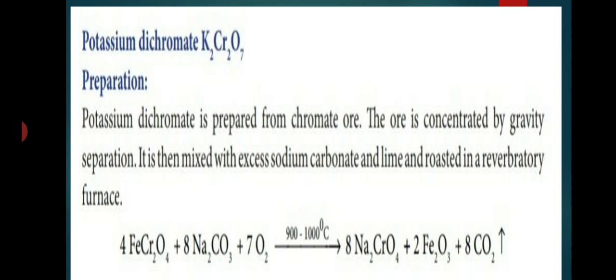The chemical reaction taking place during the process is given below: 4FeCr2O4, that is chromite ore, reacts with 8Na2CO3 plus 7O2, at a temperature of 900 to 1000 degrees Celsius, to give 8Na2CrO4, 2Fe2O3, and 8CO2.